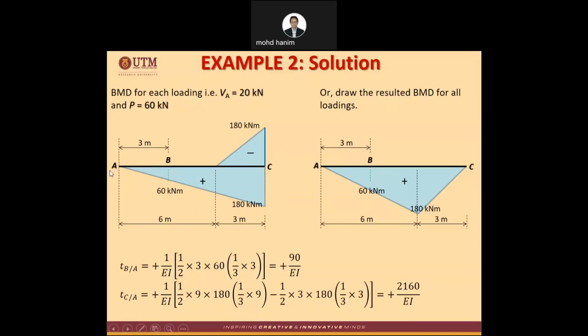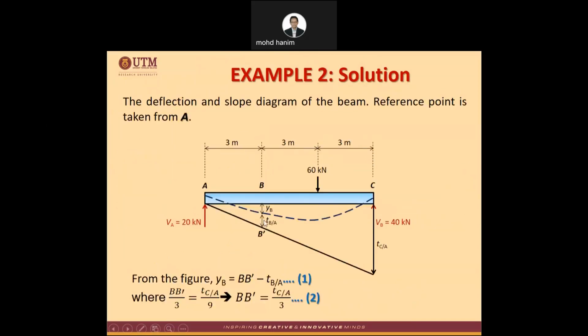This is BA. Why BA? Because what we want to know is the deflection at B. Deflection at B. Okay? Why B? TBA.